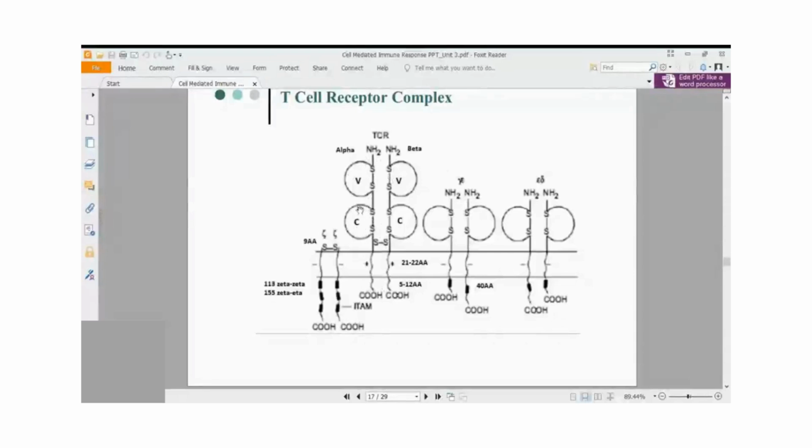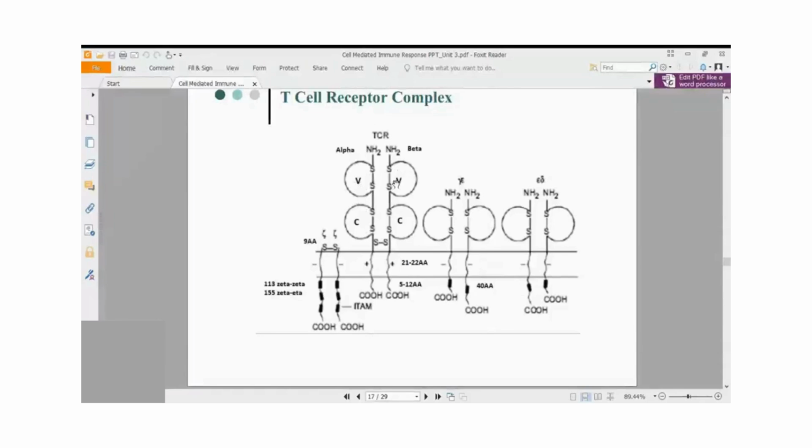Now, each of these domains would have approximately 65 to 70 amino acids in the loop. And there is a disulfide bond that facilitates the formation of the loop. Okay. And the variable region domain has the variation in amino acid sequences, just as in the case of antibody molecule.